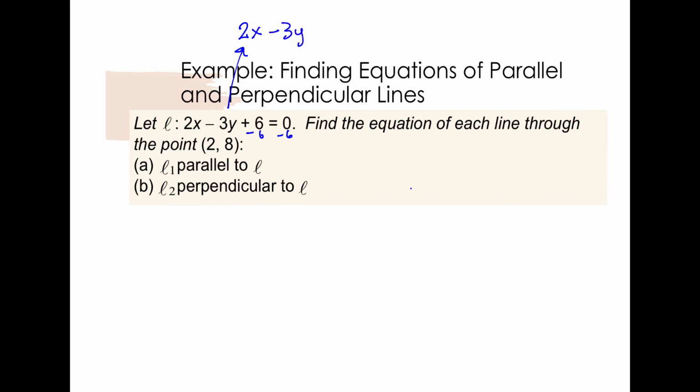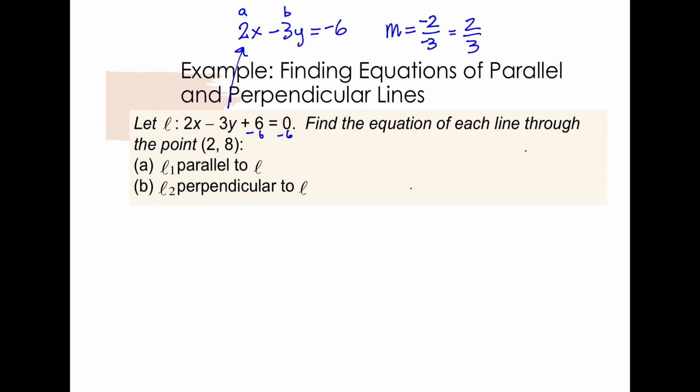So I'm just going to rewrite it in standard form. So we see our A is 2, our B is -3. So the slope of this line is the opposite of A, so -2 over B, which is -3. So the slope is 2/3.